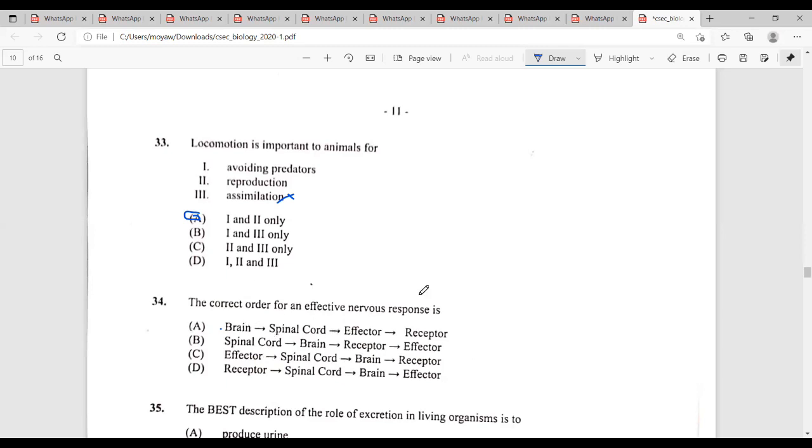None of these mention a stimulus, so the next thing we look for is the organ that detects the change, which is normally a receptor. The only one that starts with a receptor is D. From the receptor, the impulse goes to the spinal cord, then the brain interprets the information and sends back feedback, and the effector, which is normally a muscle or a gland, carries out whatever response was sent.